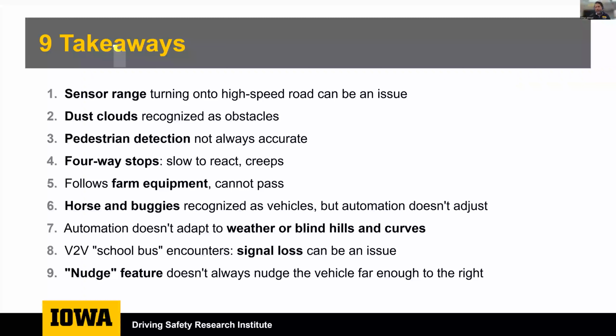And we were using one specific vehicle with one specific software, but we believe that the lessons that we've learned are likely going to be applicable to most types of ADS vehicles and most types of automation software. Our experience has shown us that there are a lot of similarities between the automation software, and no one manufacturer or software maker has figured out that magic formula to make it all work. They all have their own limitations.